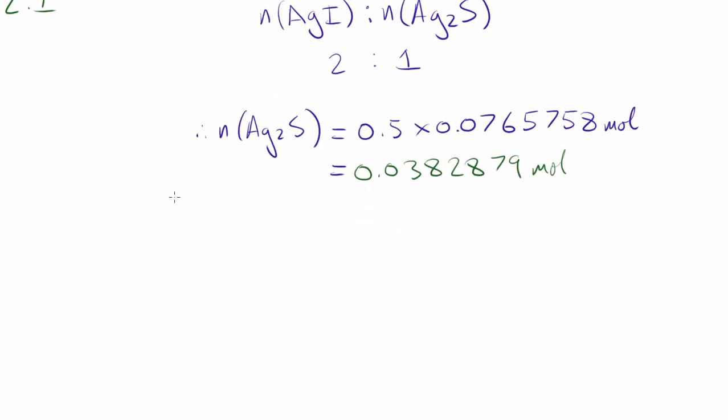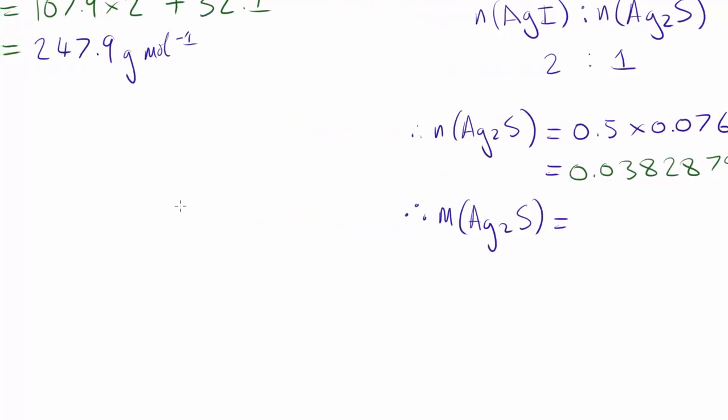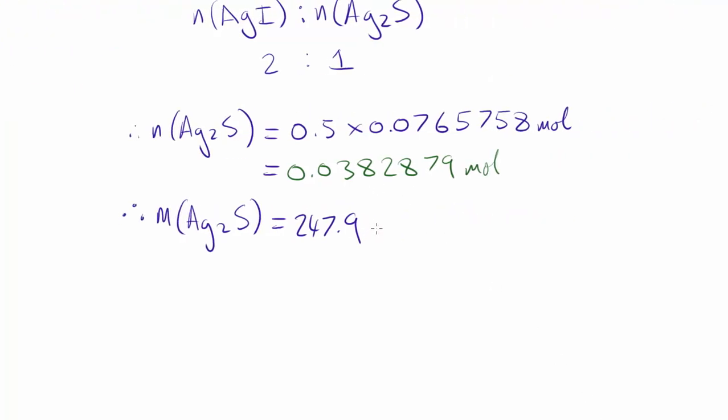So what we can do is say, therefore, the actual mass now of Ag2S is equal to, then we take our molar mass value, 247.9, and we multiply that by 0.0382879, okay?